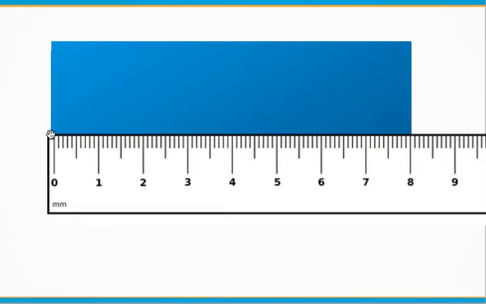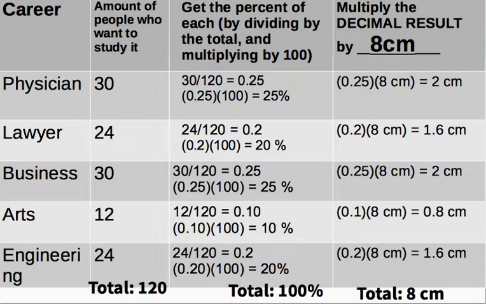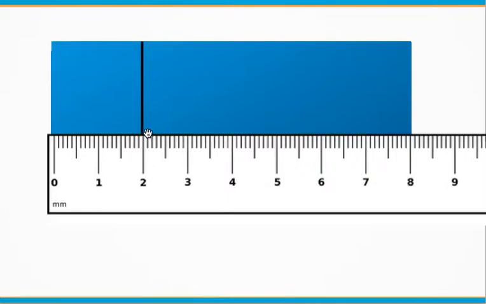Here it's about 0 centimeters, but imagine that it is at 0 centimeters. Then I go to my chart, and it says that 25% for 8 centimeters represents 2 centimeters. So I gotta draw a line at 2 centimeters. That's what I have to do for my first step when I draw my rectangle graph.